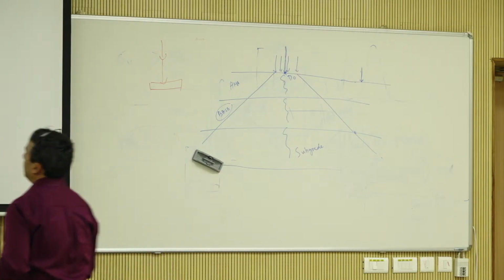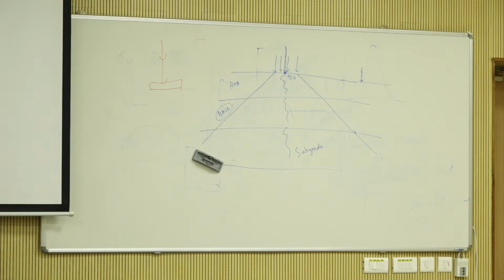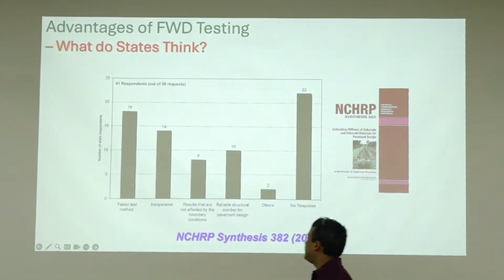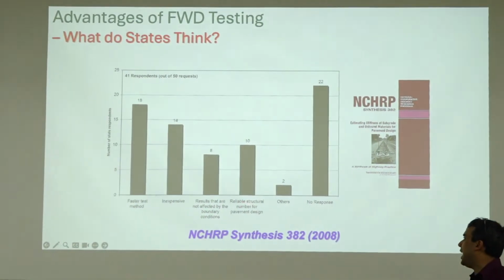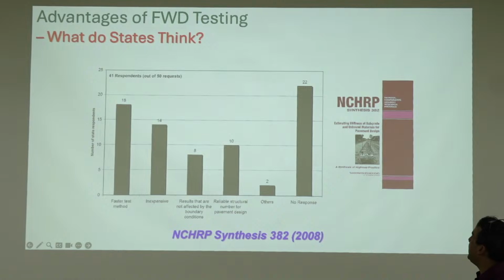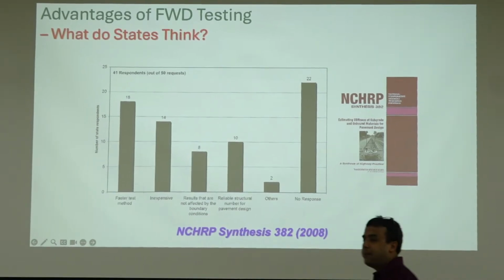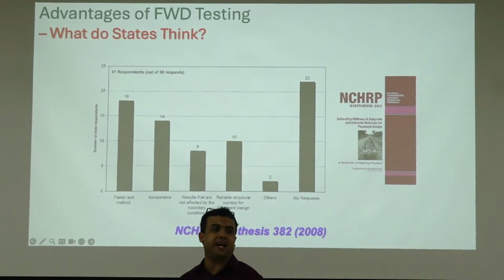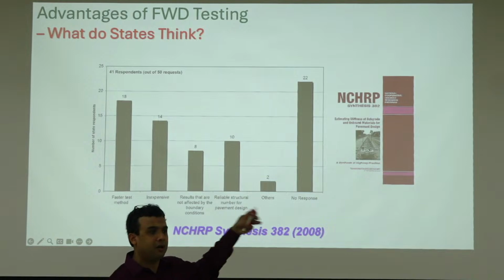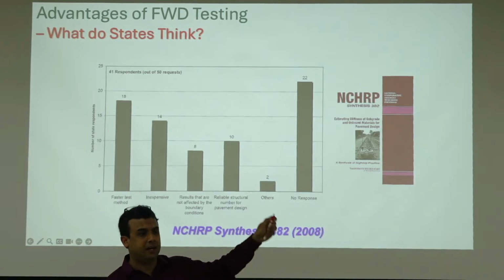So that's FWD. What are the advantages of FWD? It's fast, it's inexpensive, results are not affected by boundary conditions, reliable structural number. For pavement design, actually for pavement rehabilitation design, even AASHTO 1993 has a complete method for using FWD to calculate remaining structural life.